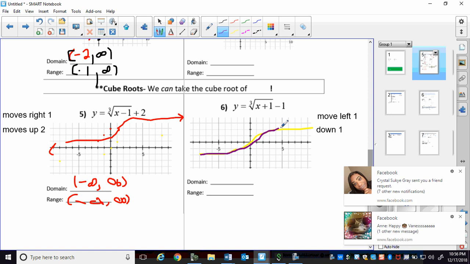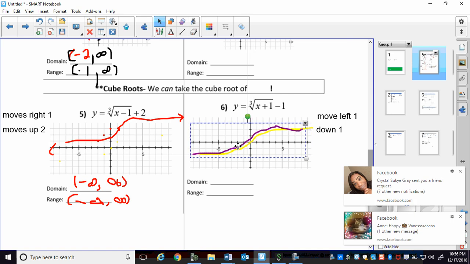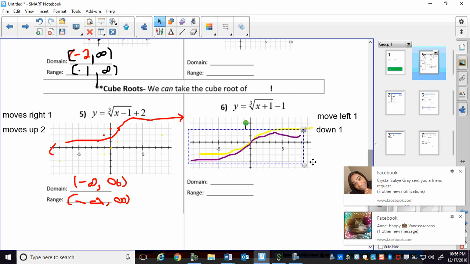So this is how a transformation actually works. Okay, so here's my object. Move left 1, and down 1. And there's my new curve.